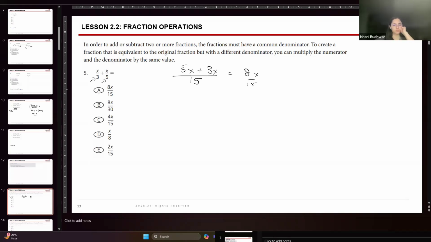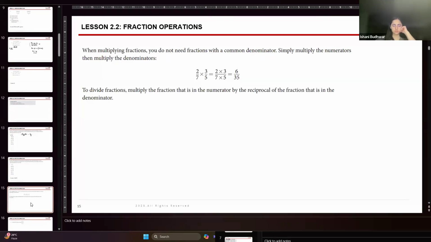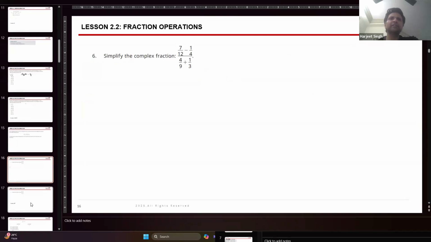Now, this is fairly basic here. Multiplying fractions, I won't even get into this. Okay, let's simplify this. So in the numerator, we have 12 as the LCM, which becomes 7 minus 3.